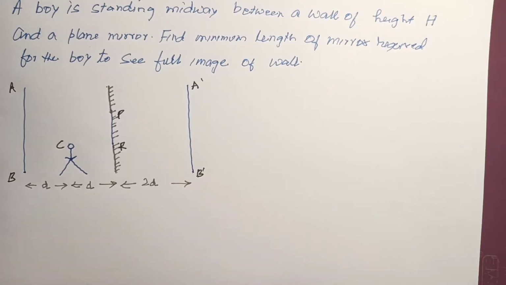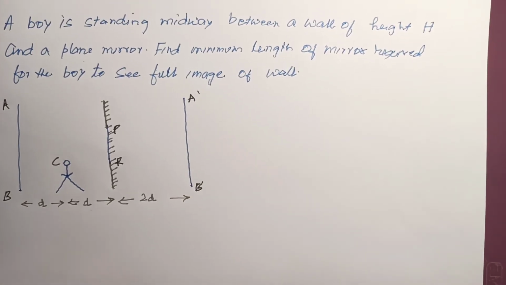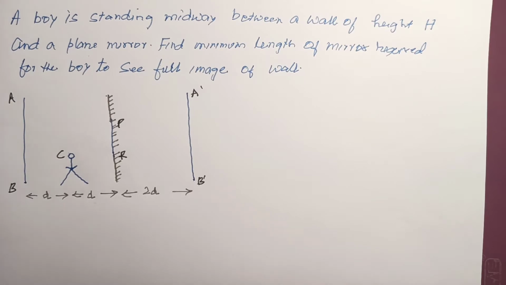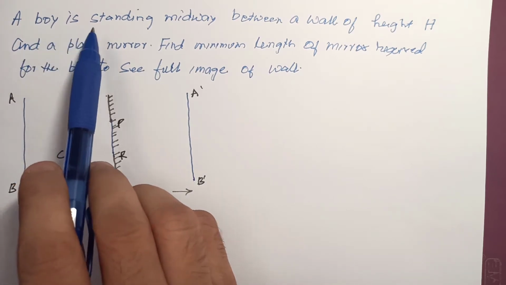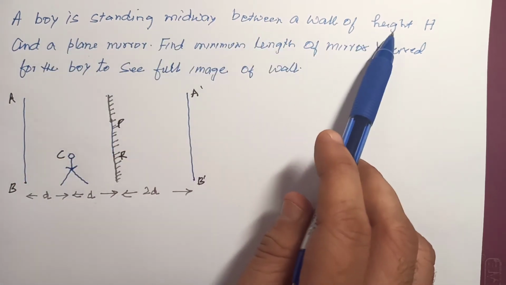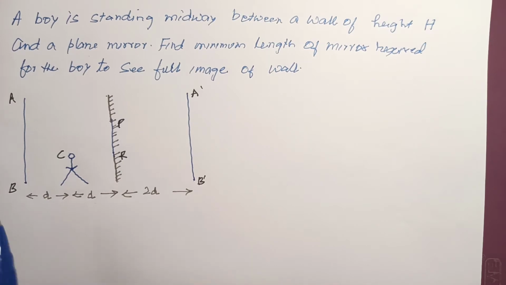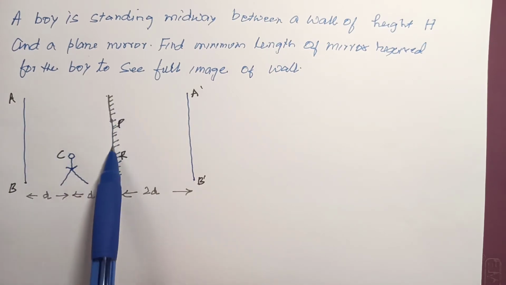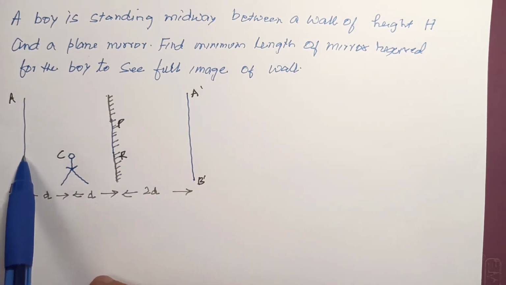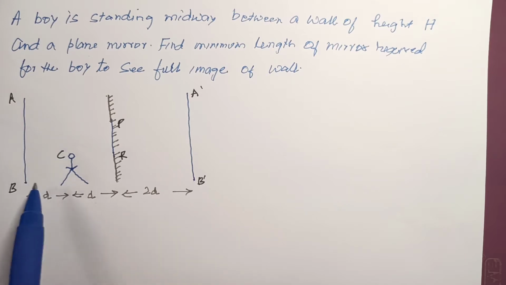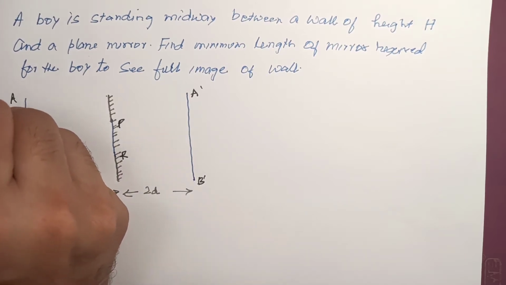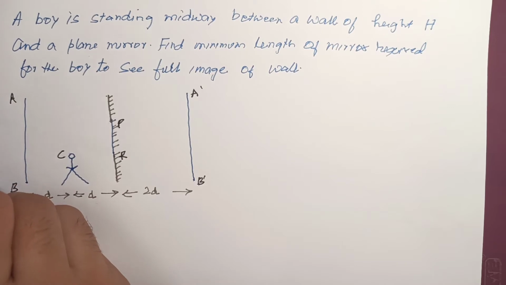So students, here is another very important question, with a standard result sometimes being used in a couple of competitive exams. The question is: a boy is standing midway between a wall of height h and a plane mirror. This is the plane mirror, and this is the wall of height h.